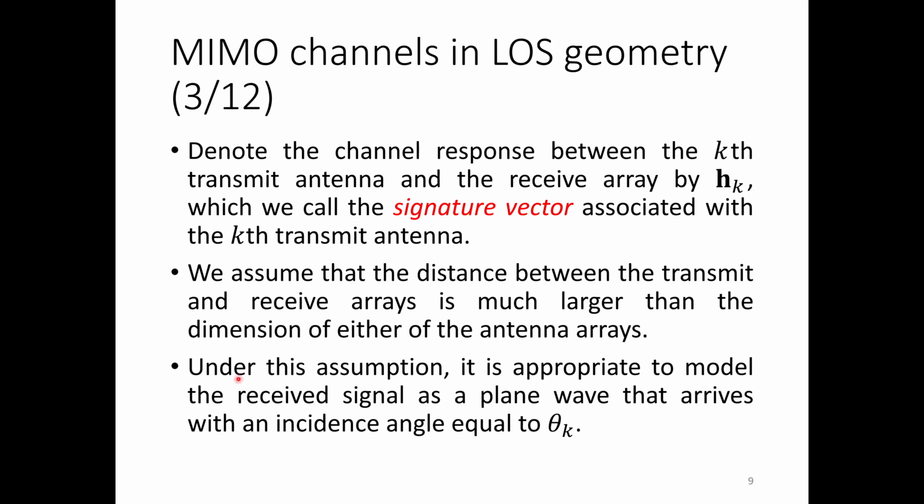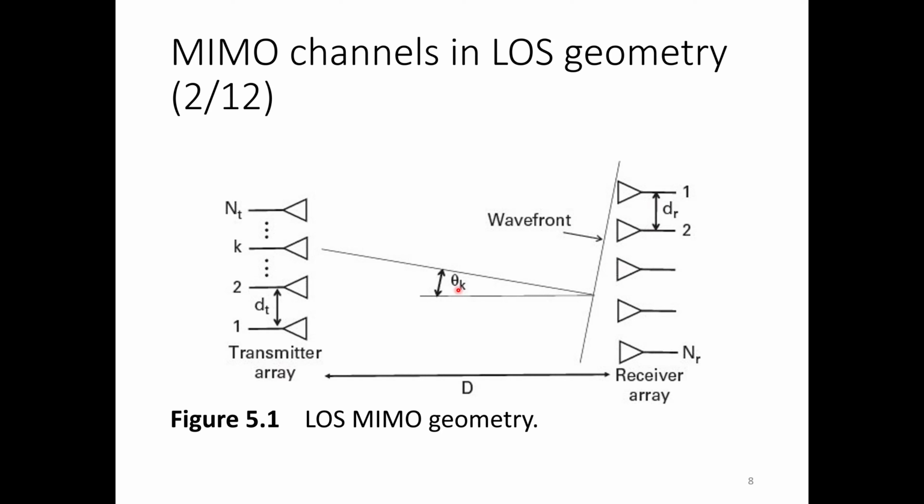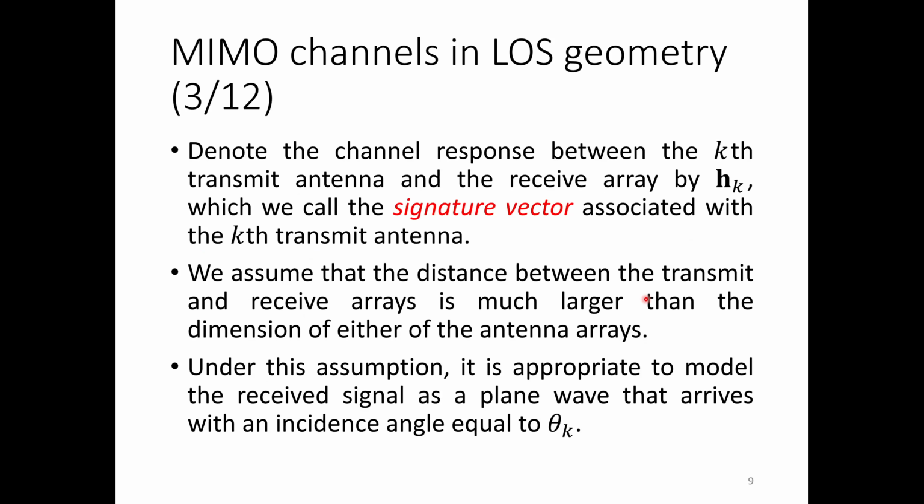Under this assumption, it is appropriate to model the received signal as a plane wave that arrives with an incidence angle equal to theta k. So theta k is the incidence angle of the plane wave from the k-th transmit antenna to the receiver array.